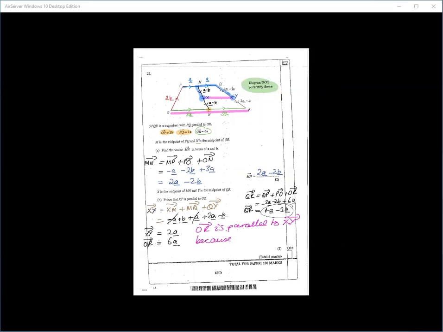Because it is a multiple, not common multiple. The word common comes into straight lines. It is a multiple of XY. How many times is OR bigger than XY? 3. Okay, therefore, finish.